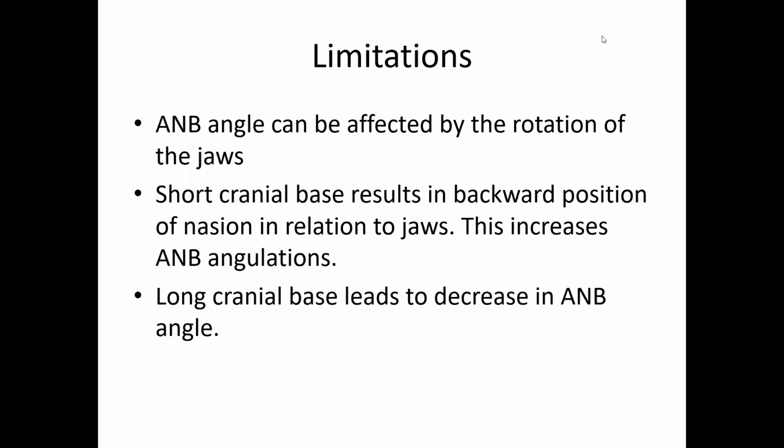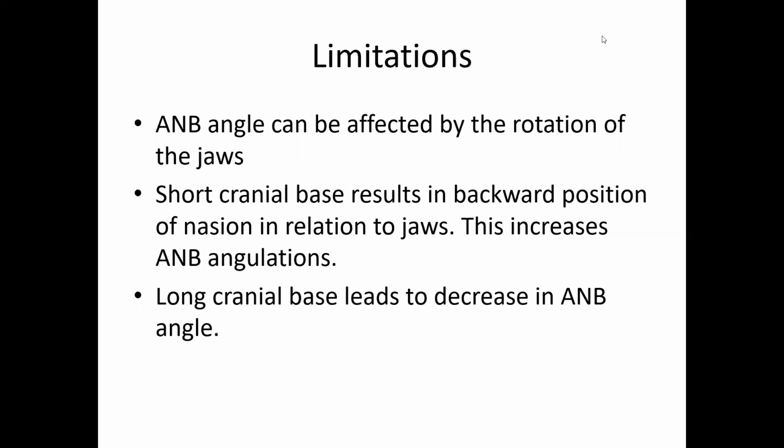So these were the parameters of Steiner's analysis, that is skeletal parameters, dental parameters, and the soft tissue parameter. There are some limitations of Steiner's analysis. As we said earlier, A and B can be affected by the rotation of the jaws. Whenever there is clockwise or counterclockwise rotation, depending upon that, the A and B angle may vary.